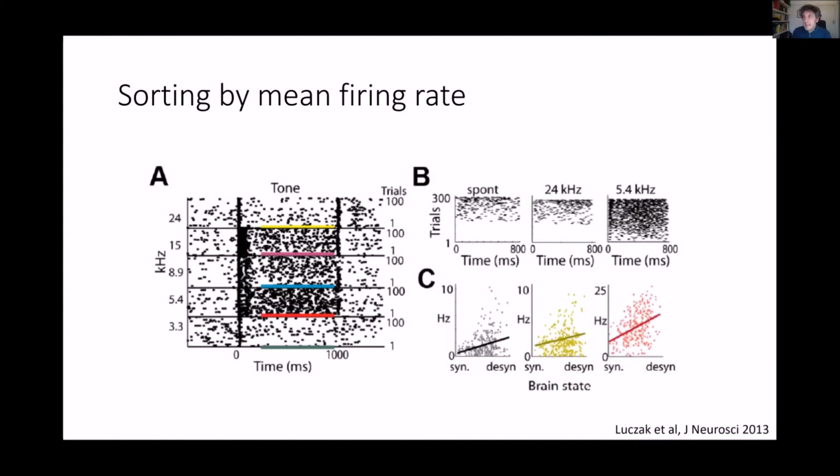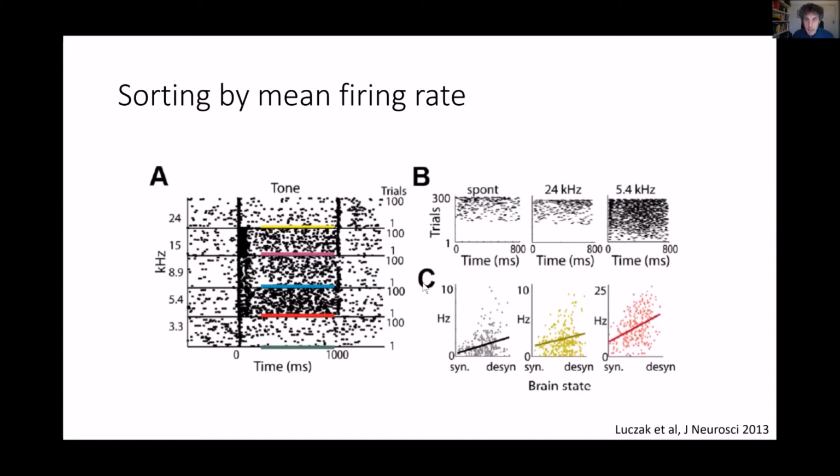So last thing to say about the raster plot, which really again is the best way to analyze your single cell data, is that there's another type of sorting. Well, there are loads of types of sorting you can do. Another one I want to talk about from the pre-neuropixels days is to sort by the mean firing rate.